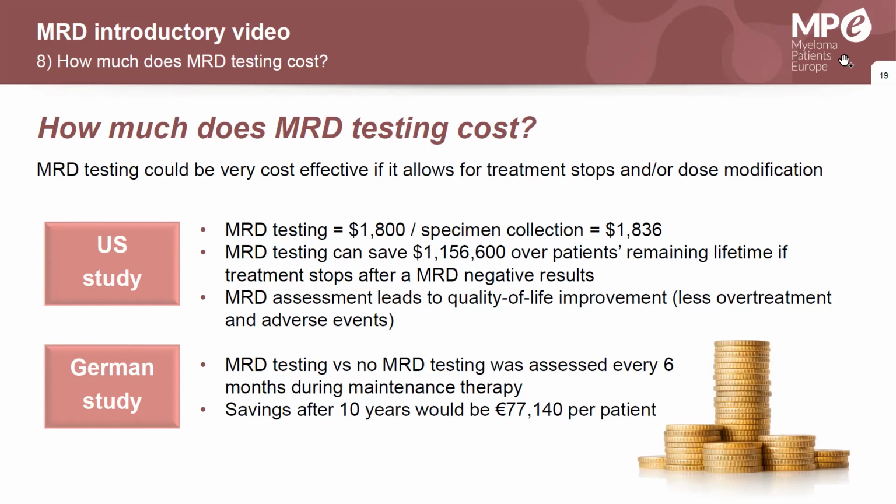They later suggested that MRD assessments lead to an improvement in patients' quality of life due to less overtreatment and consequently lower risk of treatment-related adverse events. Another analysis published in 2021 estimated the cost effectiveness of MRD testing with clonoSEQ, a commercial MRD assessment tool powered by next generation sequencing, compared to no MRD testing for patients with myeloma on maintenance therapy in Germany.